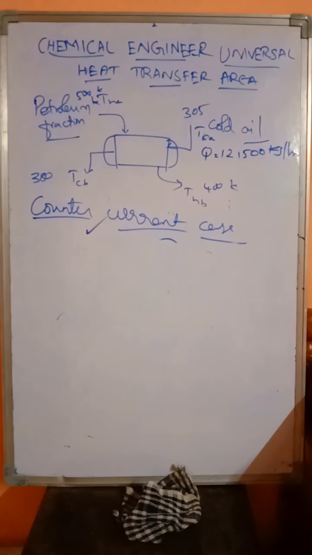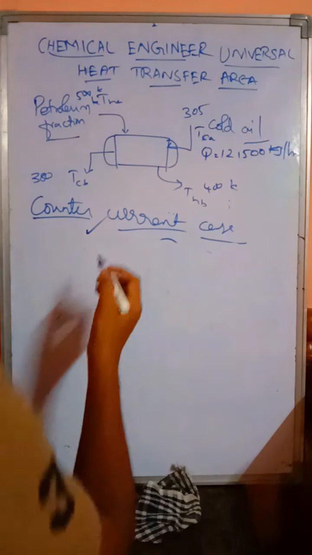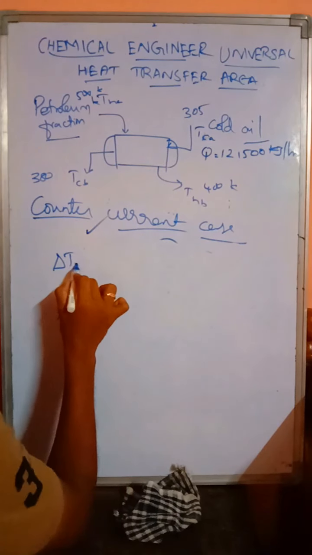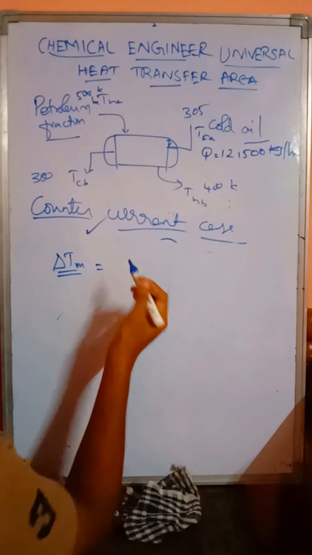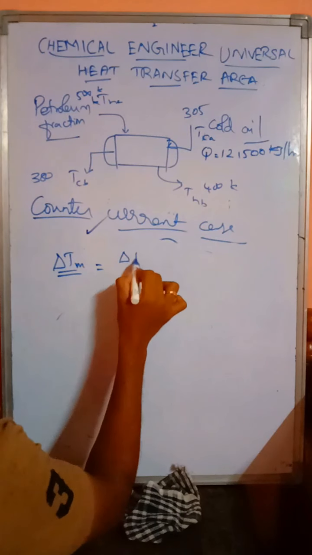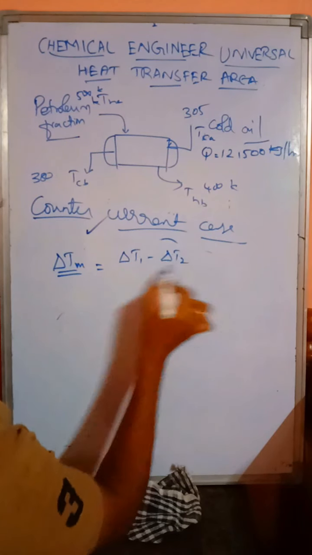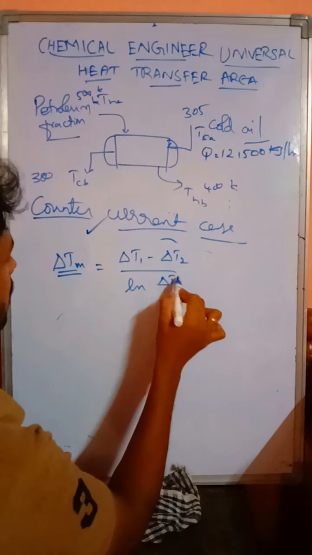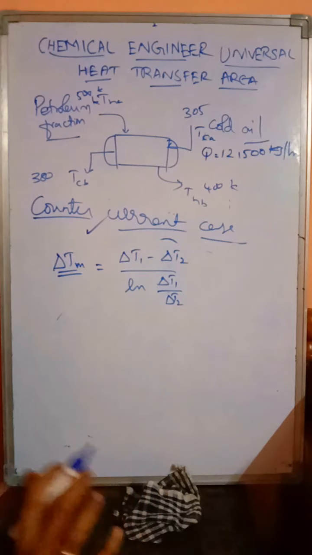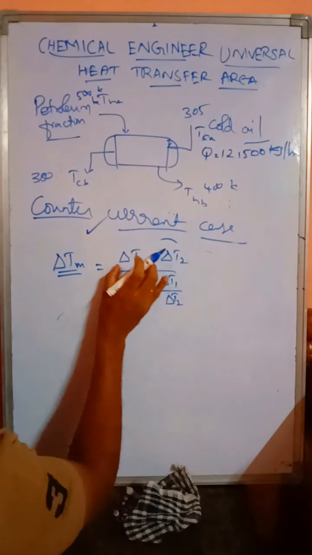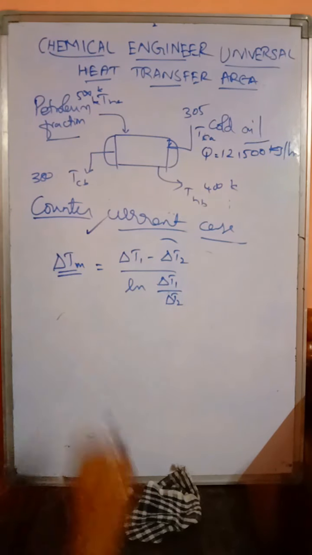Now, because the case is counter current flow, you need to find out delta Tm. So how do you find delta Tm? Log mean temperature is taken as delta T1 minus delta T2 divided by ln of delta T1 divided by delta T2. These delta T1 and delta T2 are called approaches. These values will vary based on the type of flow, right?